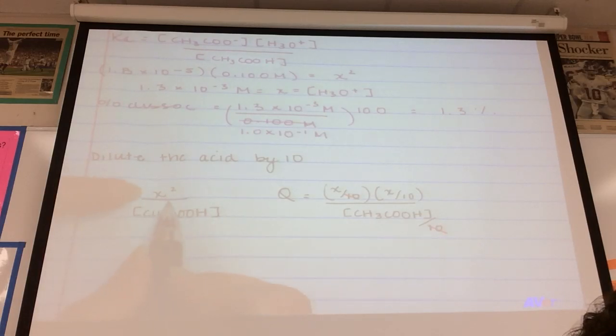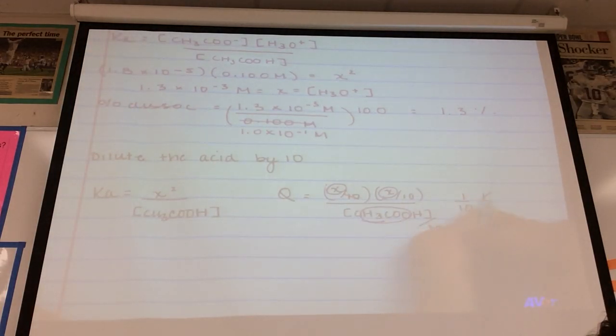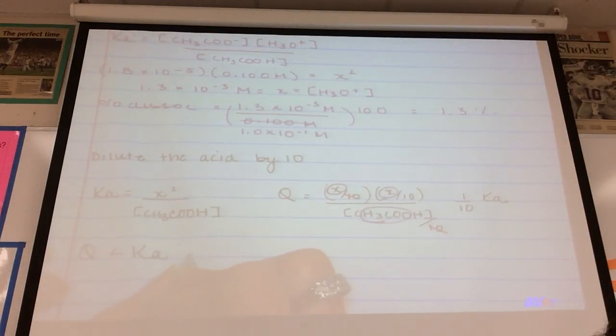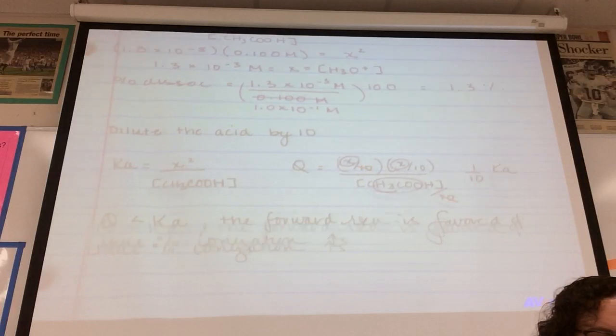Keep in mind that x squared over the concentration is Ka, so this is the Ka, hence 1/10 Ka, and now Q will be less than Ka. The forward reaction is favored, and thus percent ionization increases.